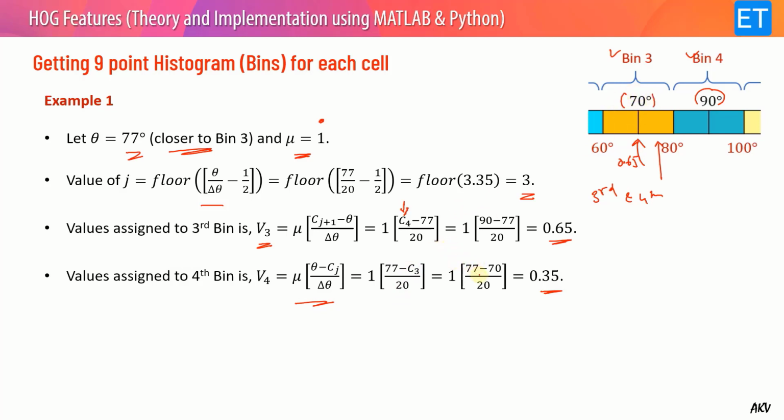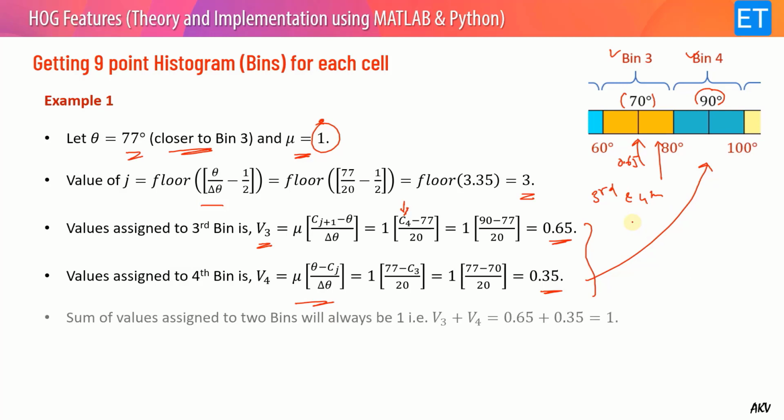So 77 minus 70, upon 20, into 1, is 0.35. Your overall magnitude 1 is divided into two portions, 0.65 and 0.35. 0.65 is given to bin 3 and 0.35 is assigned to bin number 4. This is how the mu is broken into two parts and assigned to the corresponding bins.